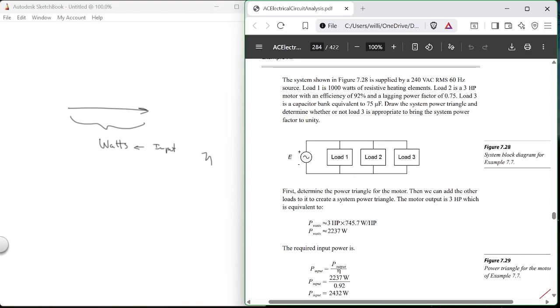Now we get down to this stuff and we say, okay, here we have some loads. Some of them are purely resistive loads. Some of them are reactive loads. And then we have to do something with those reactive loads. So basically we're building a triangle a piece at a time.